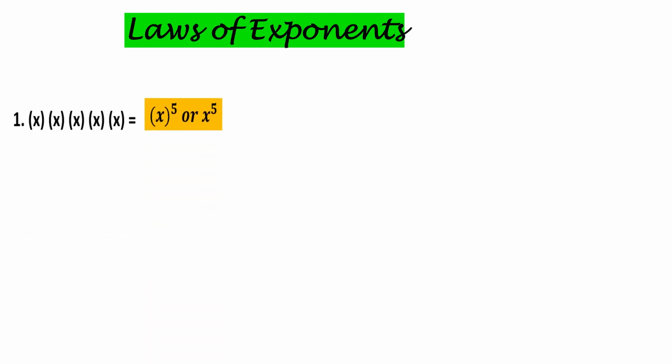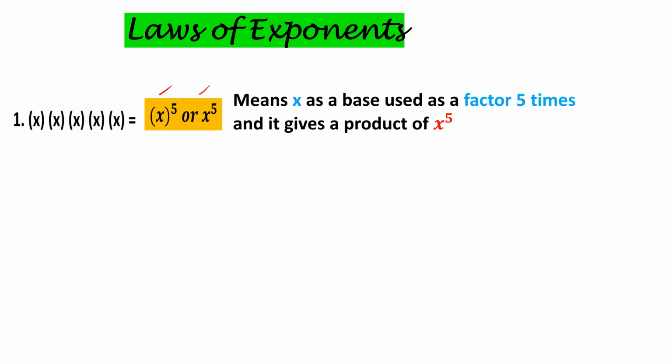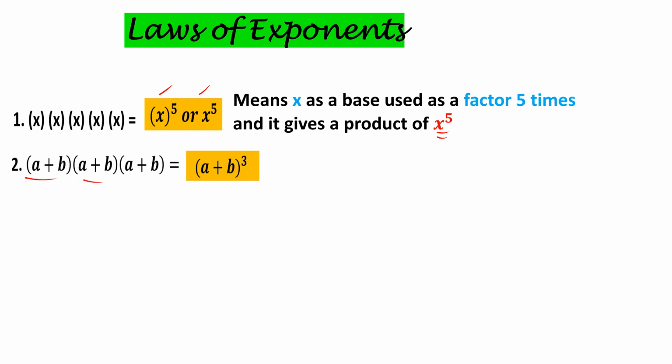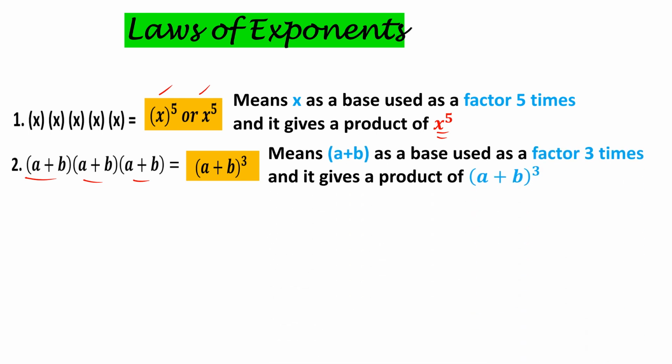As you have seen in number 1, it is answered as x to the power of 5. This means that x as a base is used as a factor 5 times, then it gives a product of x to the power of 5. Number 2, the a plus b as a factor is being used 3 times, thus we'll have a product of the quantity a plus b to the power of 3.